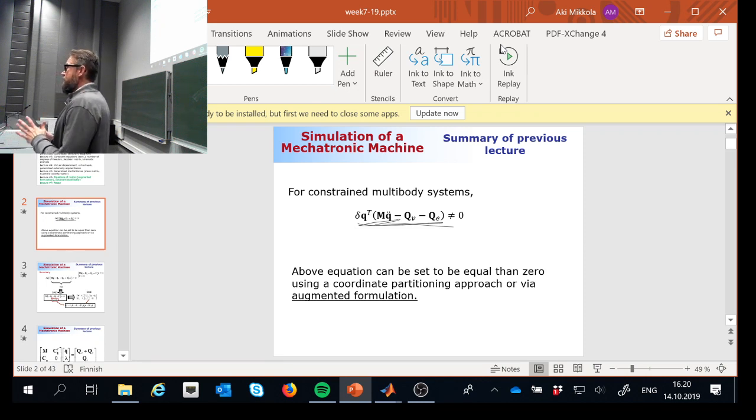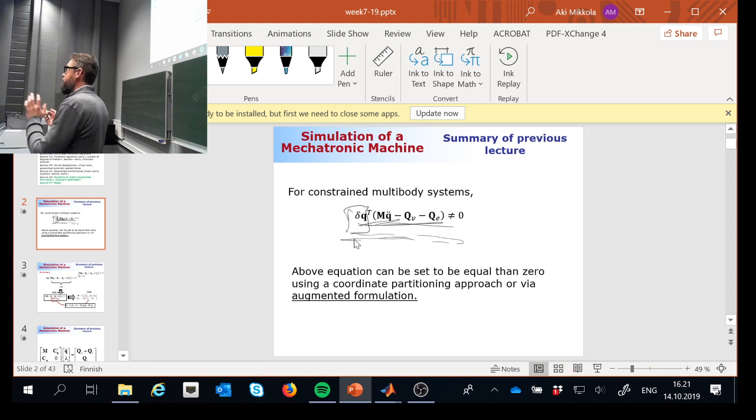That's simply because your virtual displacement that is mentioned here is imposed on all the generalized coordinates. And when you do so, you will violate the constraint. So the reason that this equation cannot be set to be equal to 0 is the fact that the constraints are not accounted for yet. So the constraints are missing here.